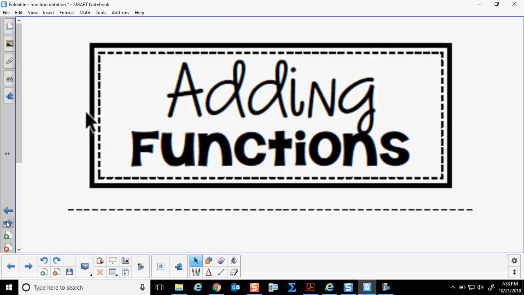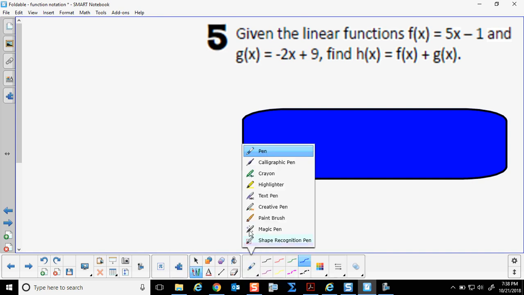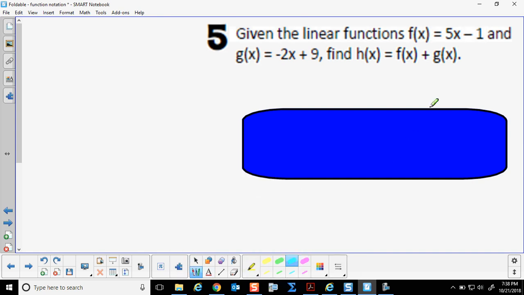Let's add functions. Given the linear function f of x equals 5x minus 1 and g of x equals negative 2x plus 9, find h of x, which equals f of x plus g of x. So f of x, which is 5x minus 1, plus g of x, which is negative 2x plus 9.